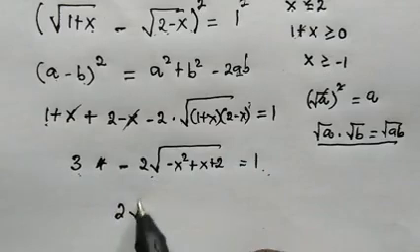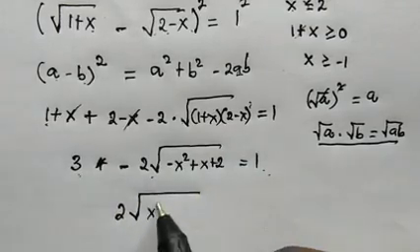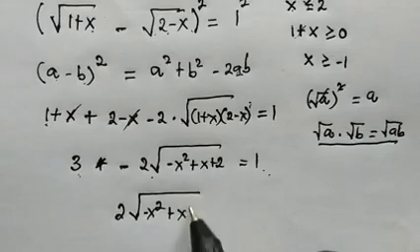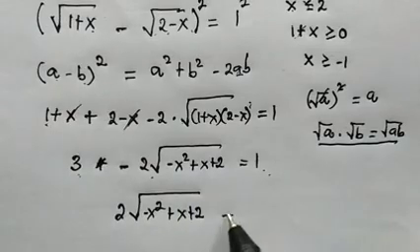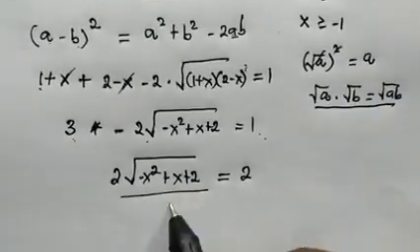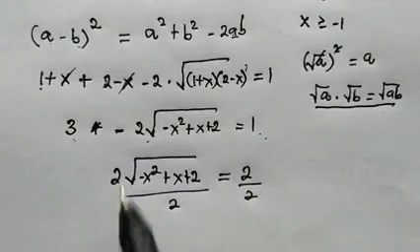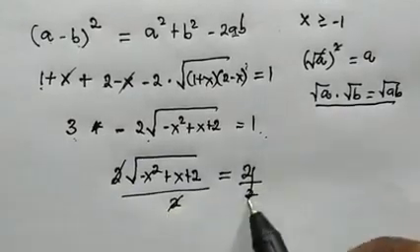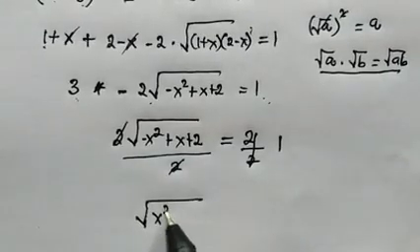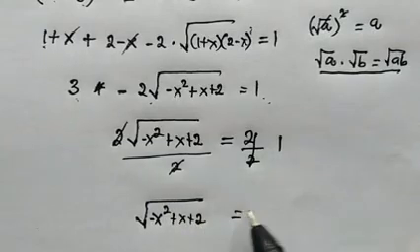So we have 2 square root of negative x squared plus x plus 2 is equal to 3 minus 1. That will give us 2. Now divide both sides by 2. This cancels this, and here this is 1. So we have the square root of negative x squared plus x plus 2 is equal to 1.